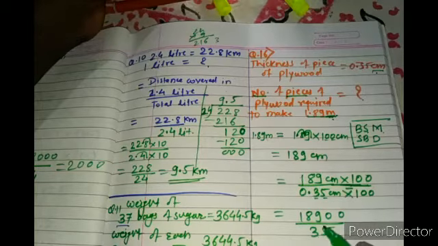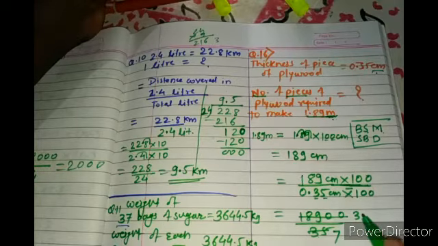Now you can do the division of 18900 by 35, right? Either you can directly divide by 35, or you can divide by 5. 5 sevens are 35, 5 threes are 15, 18 minus 15, 3 remaining, 5 sevens are 35, 4 remaining, 4 and 0 40, 5 eights are 40, and this is 0.